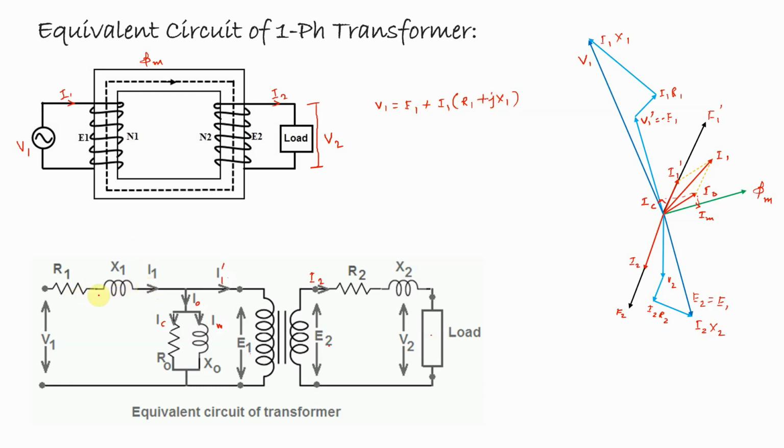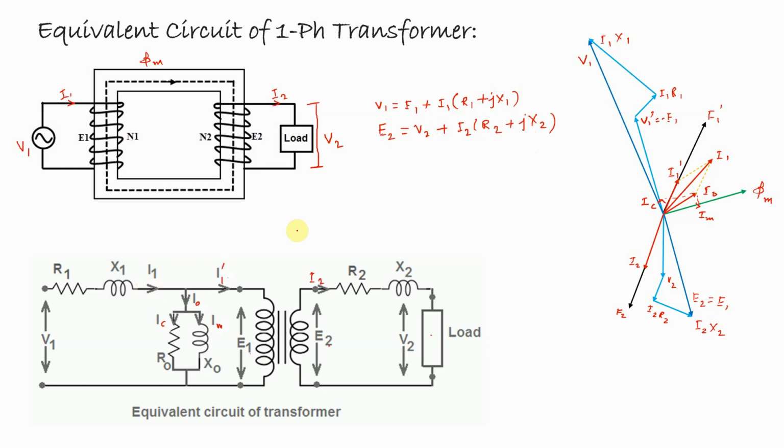Current I1 is flowing, so definitely a voltage drop will occur. And if we add the EMF induced in the primary side with this voltage drop, it will be equal to the supply voltage. Similarly, in the secondary side, first of all, the EMF will be induced, then the voltage across the load, and then the voltage drop across the resistance and the reactance of the secondary side.